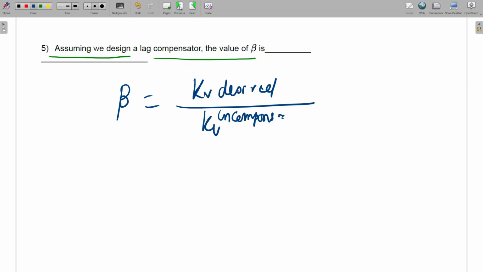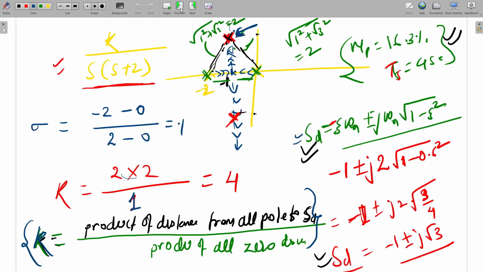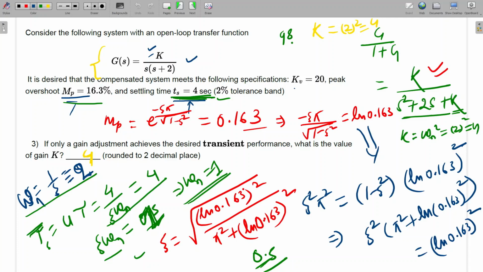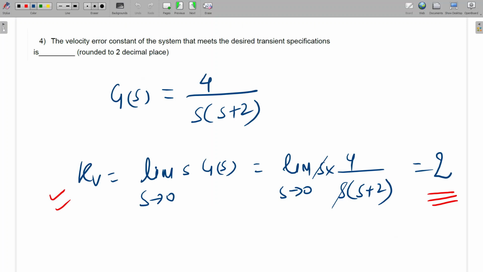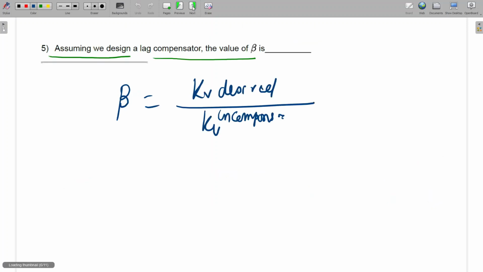Kv desired is already written here, this is the desired value. And uncompensated, without the compensator, what Kv have we calculated? This. So Kv desired is 20, divided by 2, so the beta value will be equal to 10.